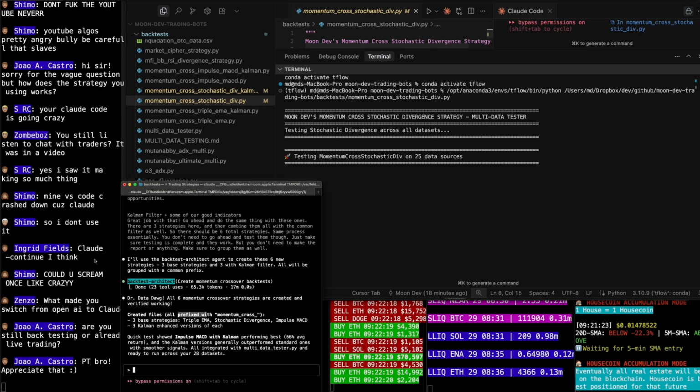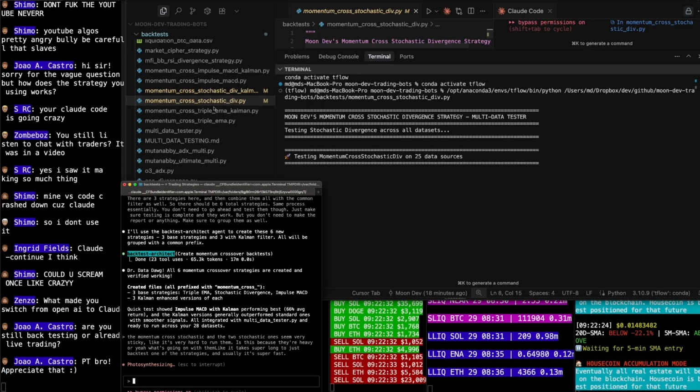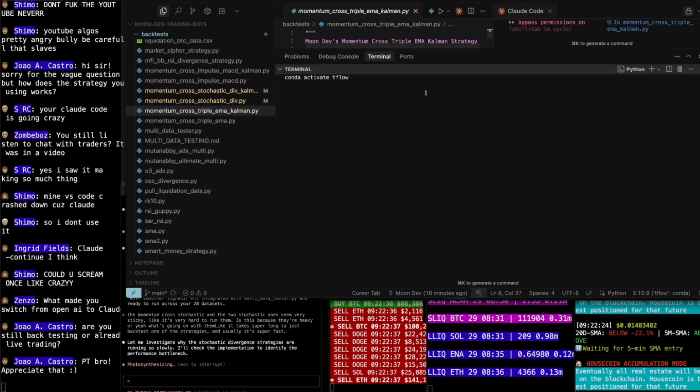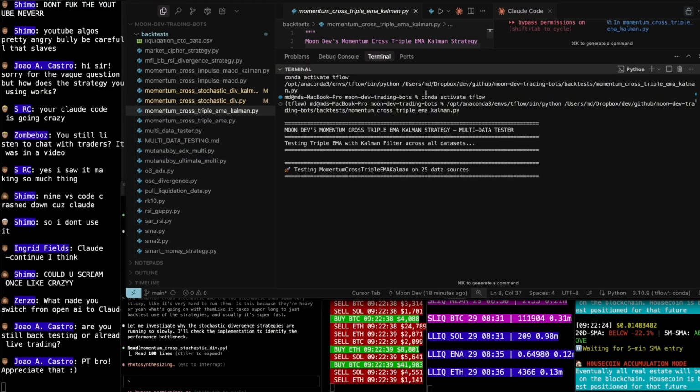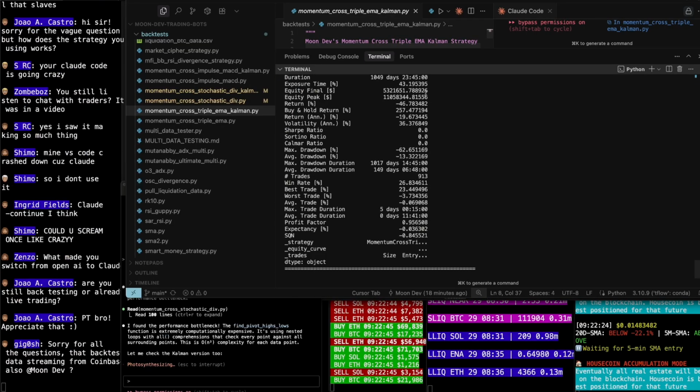Is this because they're heavy? What's going on with them? It takes super long to just backtest one of the strategies, and usually it's super fast. Okay, like this was way faster. 1.2 expectancy, okay.